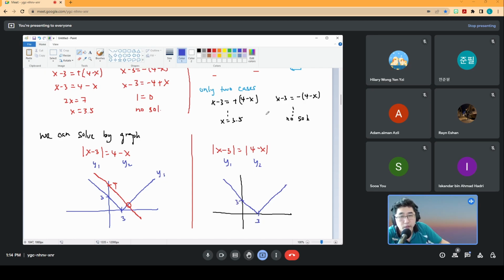And 4 minus x, because of the modulus, gives me this, 4 and 4. The working is still the same. You still have only one intersection. So far so good.